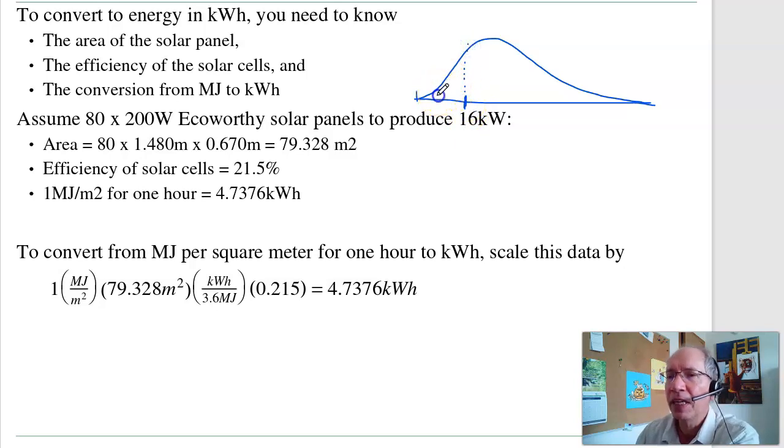Any energy less than this is lost. Any energy more than that is enough energy to kick the electrons out of their covalent bonds and produce current flow. But all the energy beyond that threshold is lost. I only get this much energy out. So you're never going to get 100% efficiency. Turns out these solar panels are about 21% efficient. That's actually not too bad.